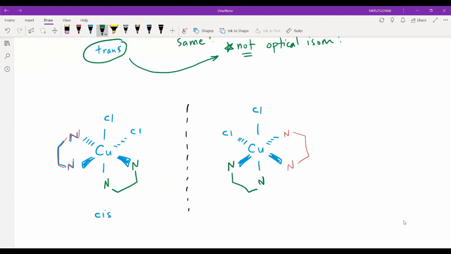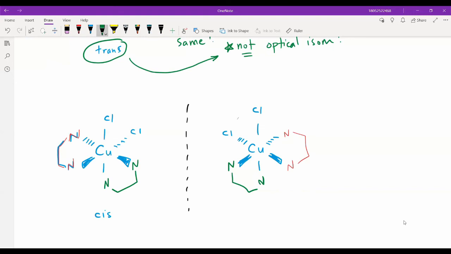So by nature of this cis isomer not having any symmetry in it, and again, it's usually easier to see with an actual three-dimensional model. If you are lucky enough to have those, you can build these things on your own at home and then build a mirror image and see that they're different. Otherwise, it's a lot of spatial manipulation mentally to do this.